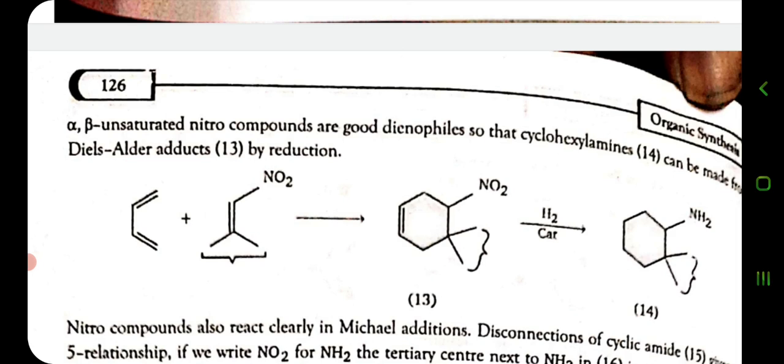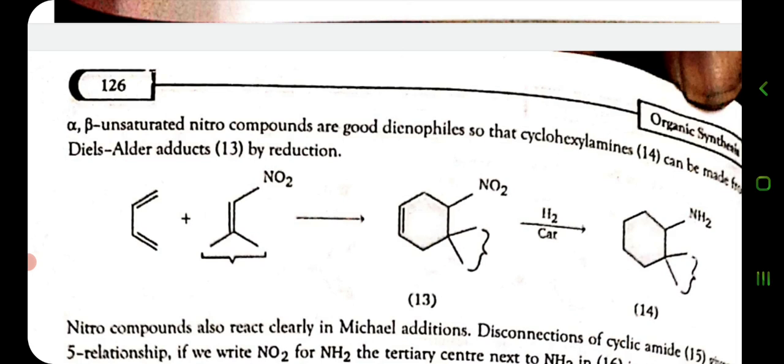Nitro compounds also react cleanly in Michael addition. Disconnection of the cyclic amide gives a 1,5 relationship. If we write nitro for NH2 and the tertiary center next to NH2, then compound 16 is the result. In that we should do this, and only one Michael disconnection is then possible.